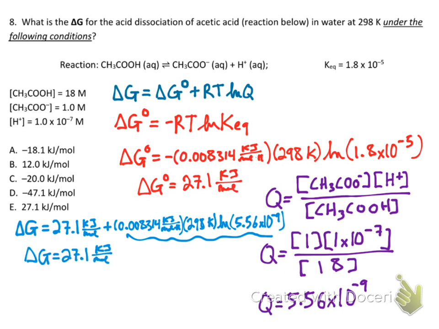This whole thing ends up equaling negative 47.1 kilojoules per mole. Now we add those two together, and we end up getting that delta G is equal to negative 20 kilojoules per mole.